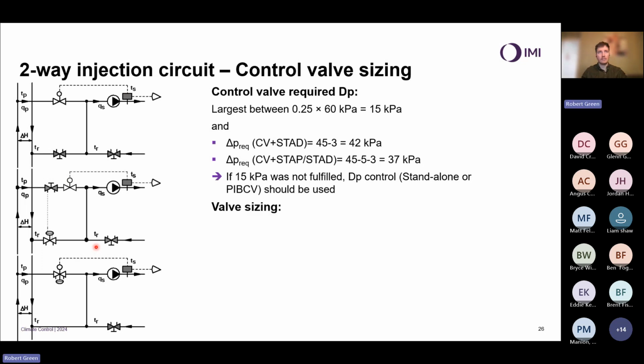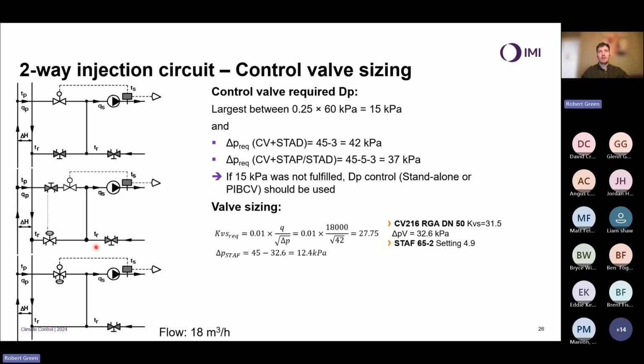So looking at the valve sizing, for 18 meters cubed an hour, the flow we calculated in the first example. For my standard circuit, we're looking at an ideal KV of 27.75. Again, such a valve doesn't exist without having very deep pockets.